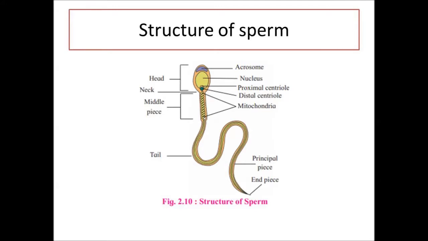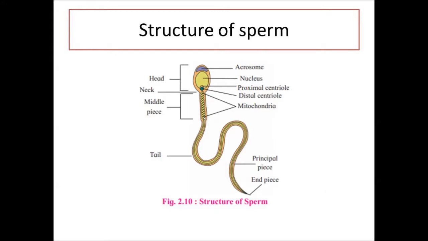And the last part, that is the tail. It is a long, slender and tapering part containing cytoplasm and a fine thread, the axial filament. This axial filament arises from the distal centriole and travels throughout the length of the tail.